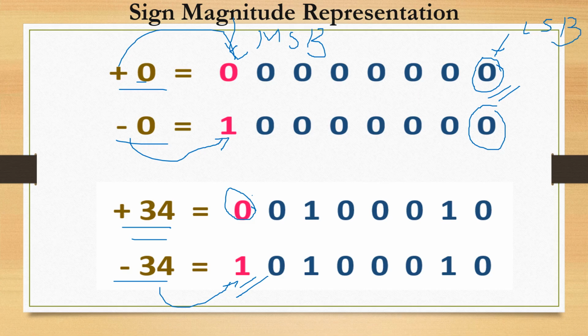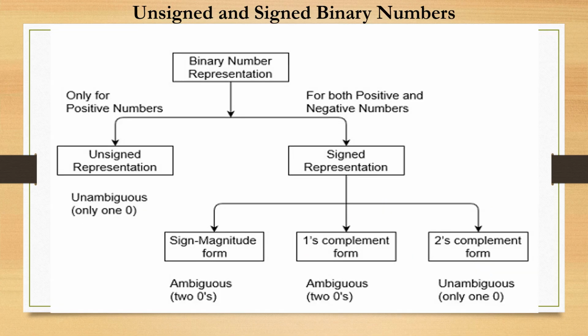Remember this. The basic diagram of the number system in binary representation is the unsigned representation of the number and the signed representation of the number. In the unsigned representation, all the numbers are treated as positive numbers, and we never use the sign bit. The signed representation has three forms.